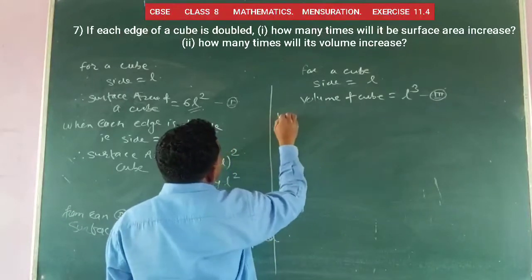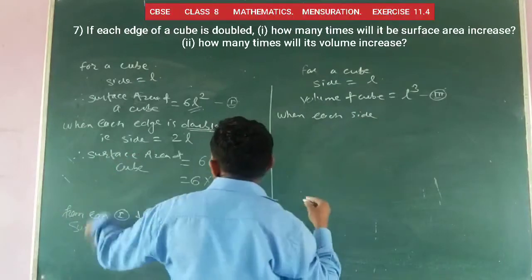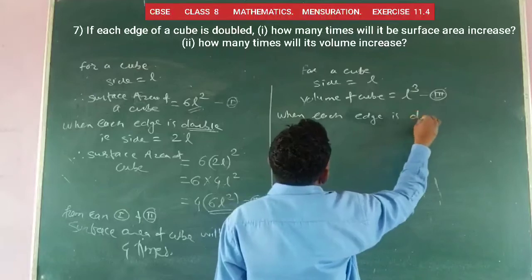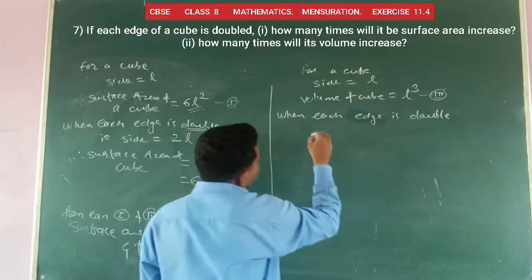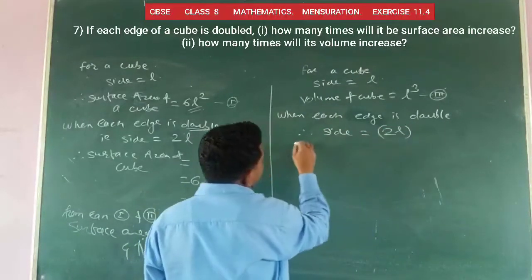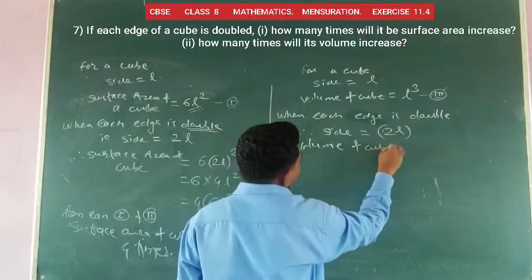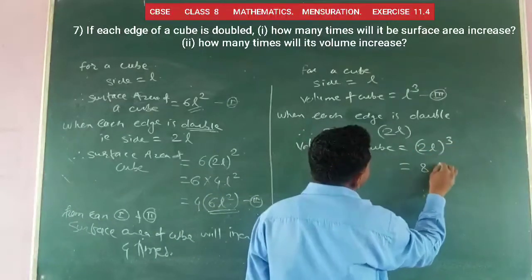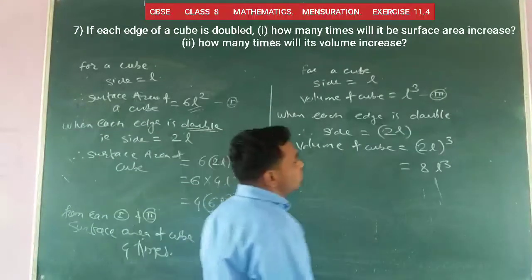And now according to the condition, when each side or each edge is doubled, then the side is equal to twice L, and the volume of the cube is equal to twice L and its cube, meaning 8L cube, given as equation number 4.